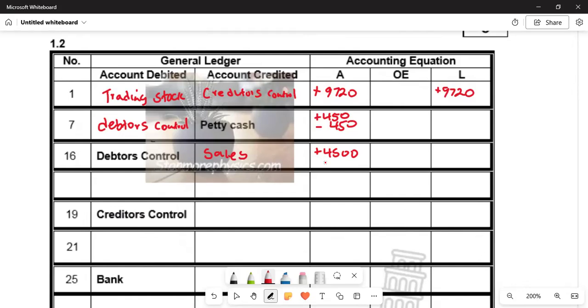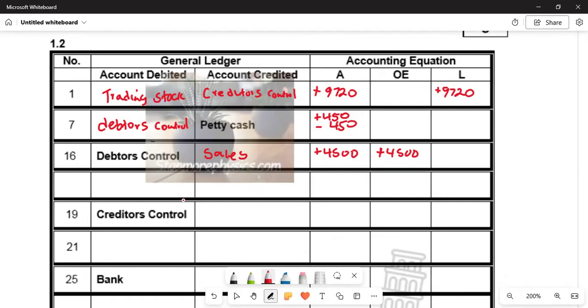And also our owner's equity is going to increase by 4,500, because we are selling those goods on credit to this debtor. It means in return we are going to get the revenues, and those revenues are going to increase our owner's equity.